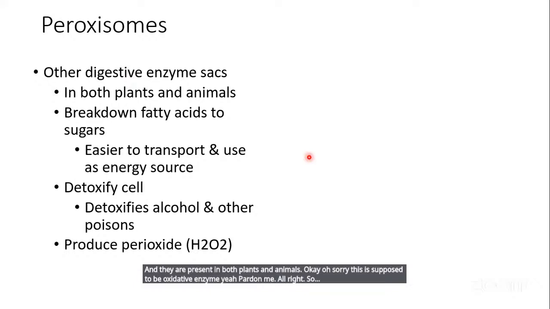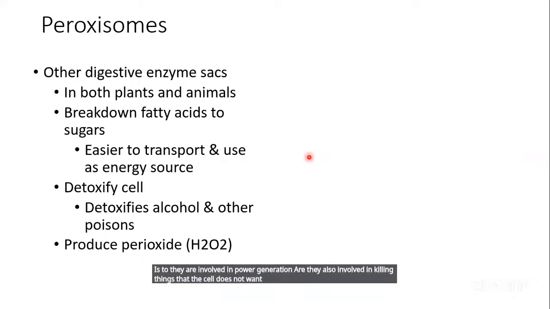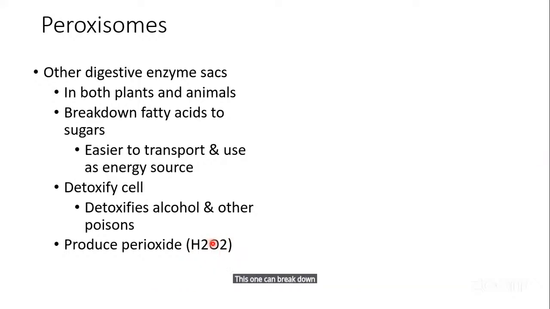What they do is they are involved in power generation, and they're also involved in killing things that the cell does not want, because they have oxidative enzymes, and they end up producing hydrogen peroxide, which is key, because this can break down bacteria. They are also charged with detoxifying alcohol and other poisons.